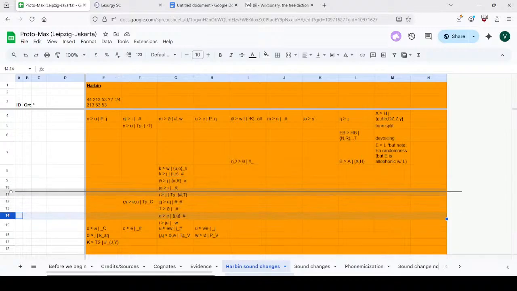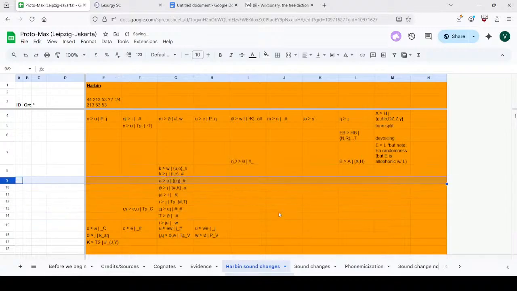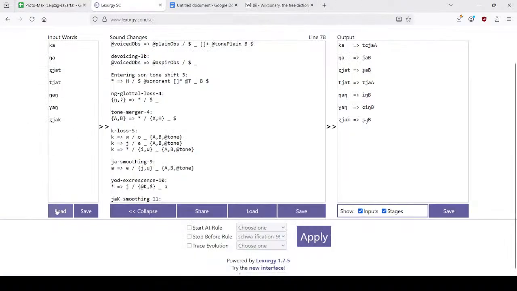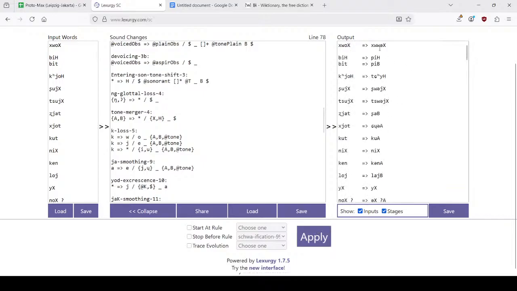I'm sure it'll mess up something. I think it'll definitely mess up something. I just don't know what it is right now. So let's load it up and let's see how many things it messes up.